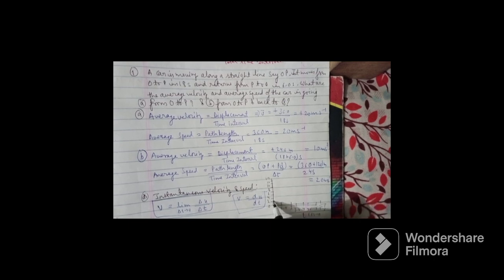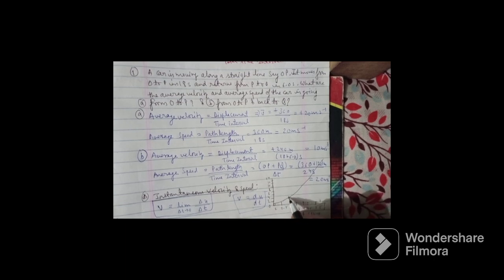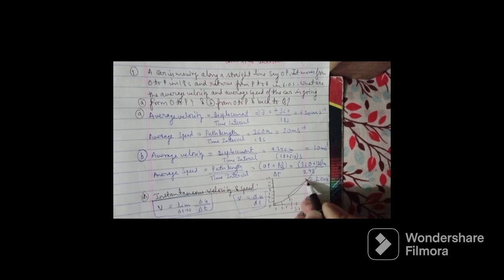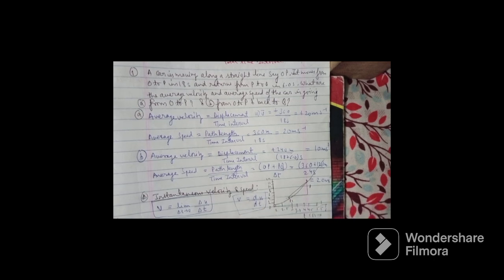So the slope will go from 1 to 2.5, then move ahead. This is point P1 and this is P2. It will be on a tangent, and this will make a slope like a structure, and that is what we have here.